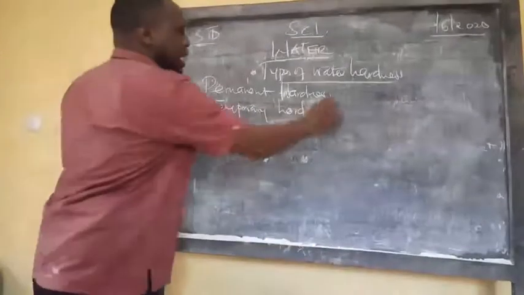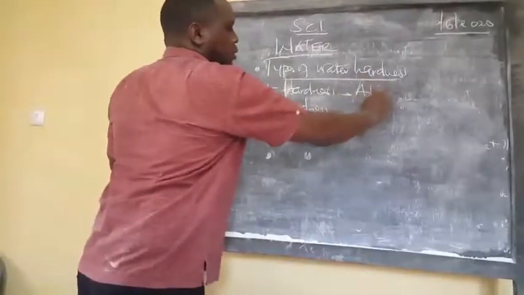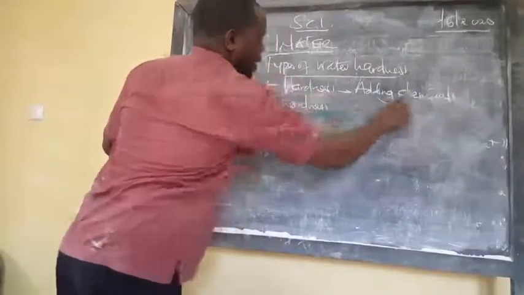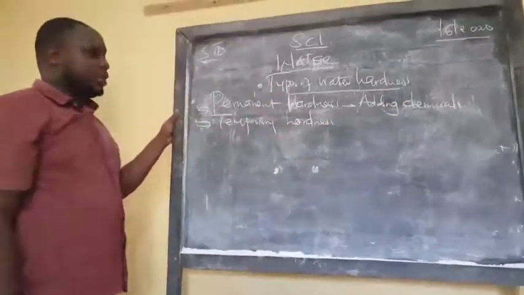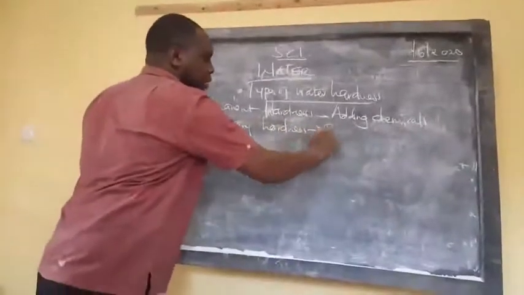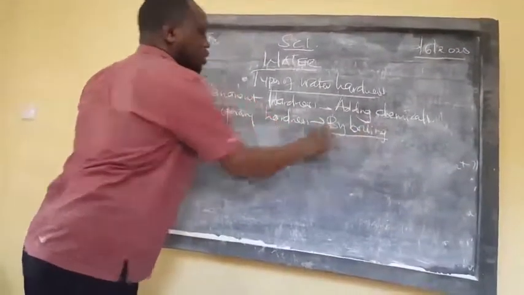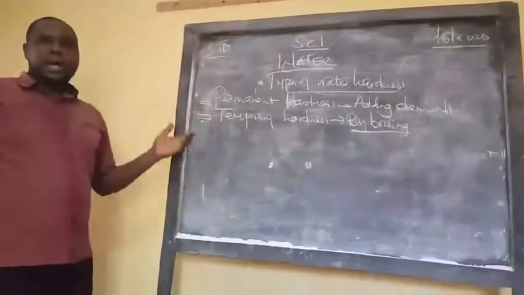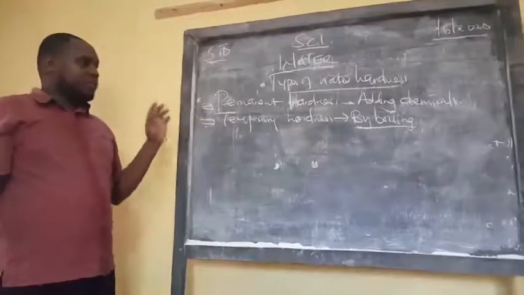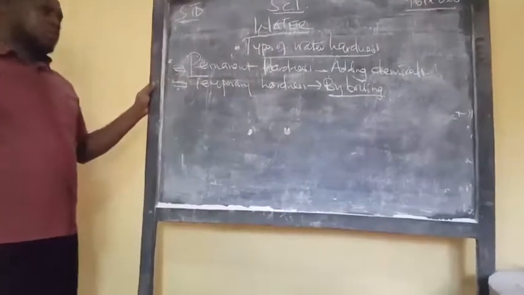The permanent hardness is removed by adding chemicals. I'll come to that again when I will be talking about something else. Then temporary hardness is just removed by boiling. When you boil hard water, you remove what we call temporary hardness. That is not permanent. But permanent hardness, you must add chemicals.